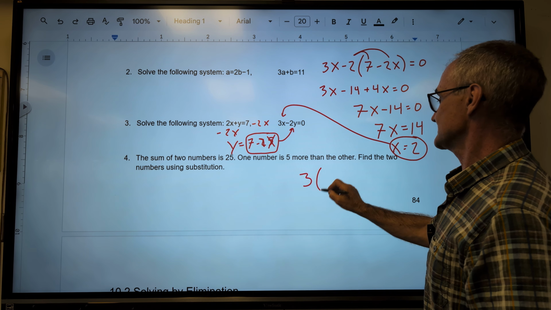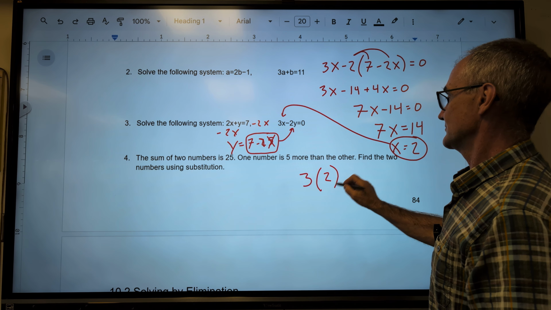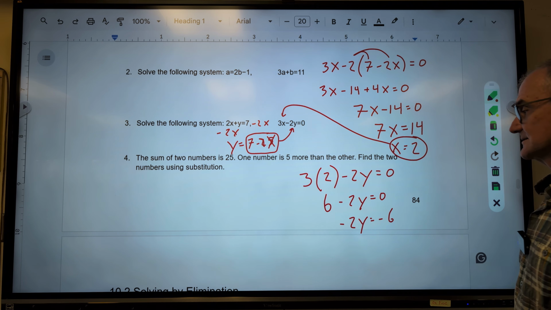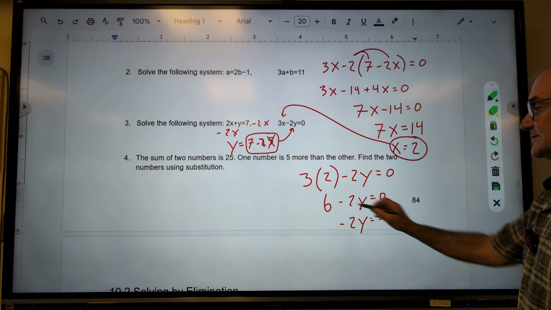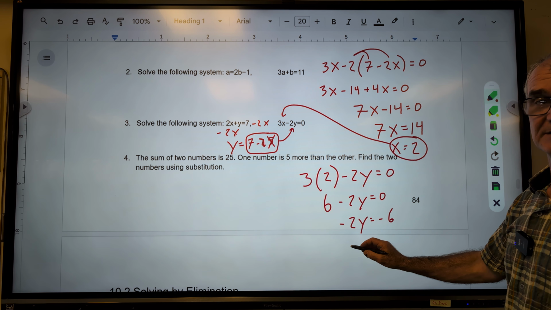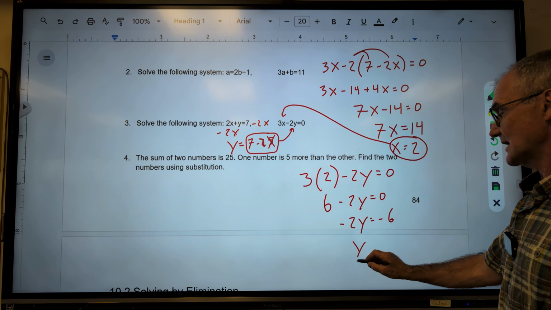3 times x minus 2 times y is equal to 0. 6 minus 2y is equal to 0. Subtract 6 from both sides. 0 minus 6. Divide both sides by negative 2. Y is equal to negative 6 divided by negative 2.